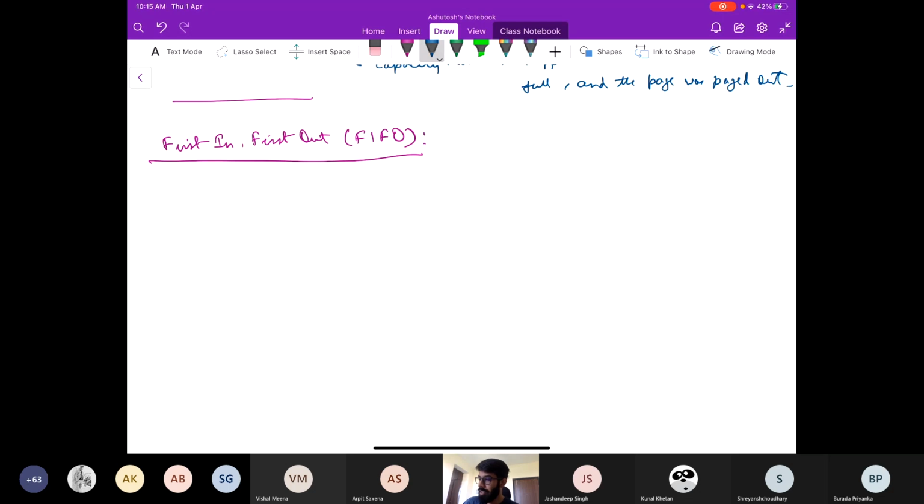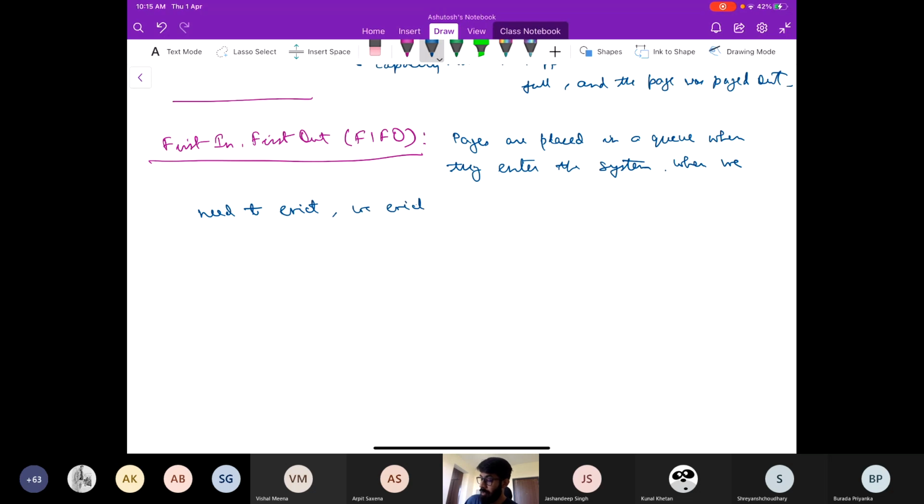As the name suggests, pages are placed in a queue when they enter the system, and when we have to evict, we evict the first one to come into the queue. Okay, I just wrote it in words, but I guess you all know what first in, first out is.